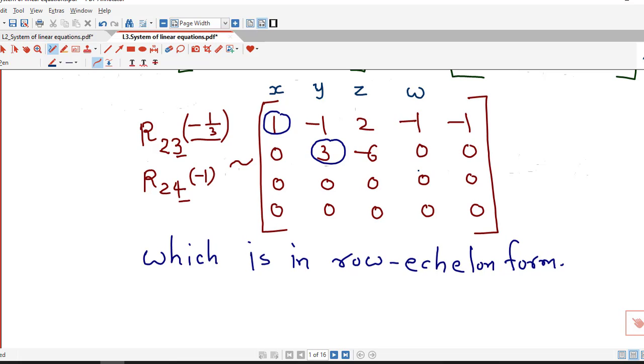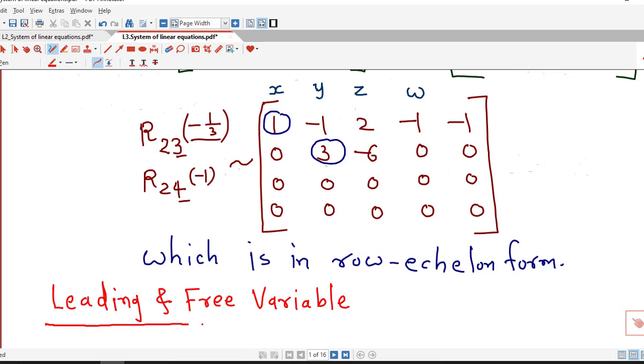Now we make some notes here. We define leading and free variables. Before going for solutions, we understand the meaning of leading and free variables, which we require for writing infinite number of solutions.